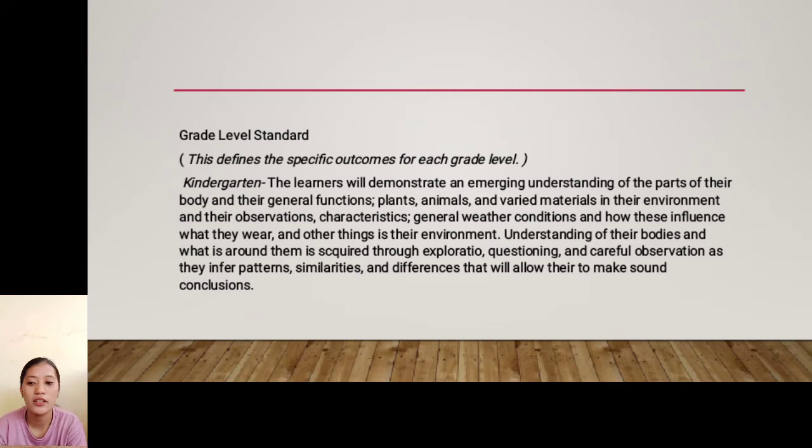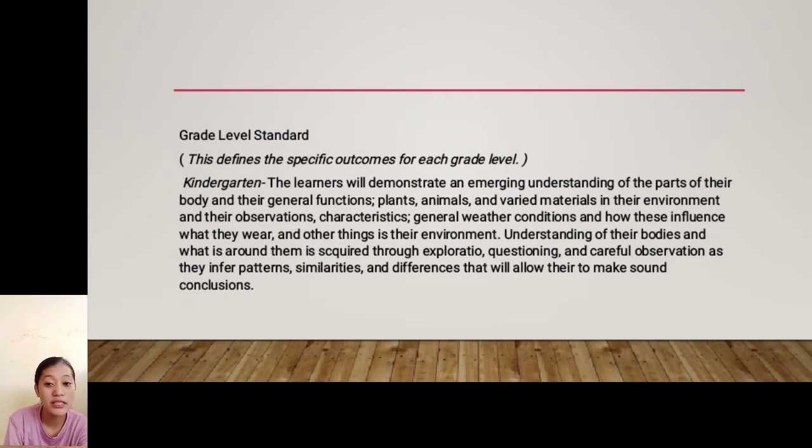So the third is the grade level standard. These define the specific outcomes for each grade level. Kindergarten: the learners will demonstrate an emerging understanding of the parts of their body and their general functions, plants, animals, and varied materials in their environment. Under observation: characteristics, general weather conditions, and how these influence what they wear, and other things in their environment.